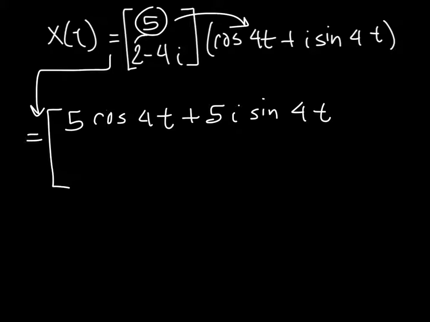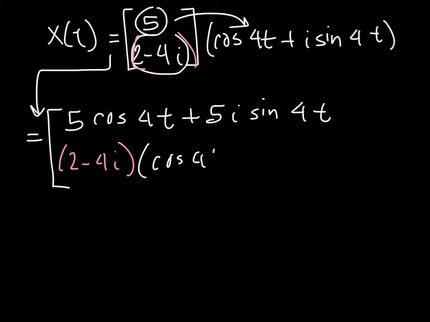Now I'm going to do the same thing with this guy, but because it's a complex number, we're going to really do double distribution. I'm going to write this out first, because I notice students make the error when they try to do it in their head, which is okay, but you might as well be safe than sorry. So times all of this, i sine 4t.